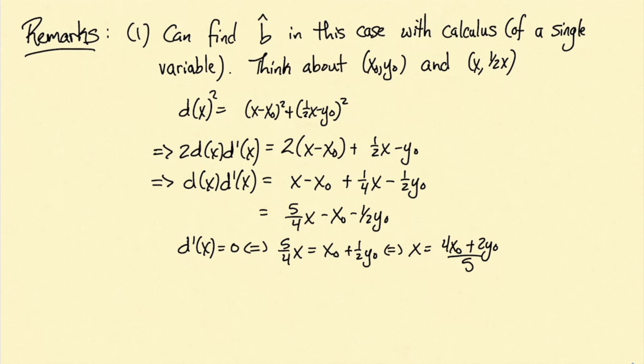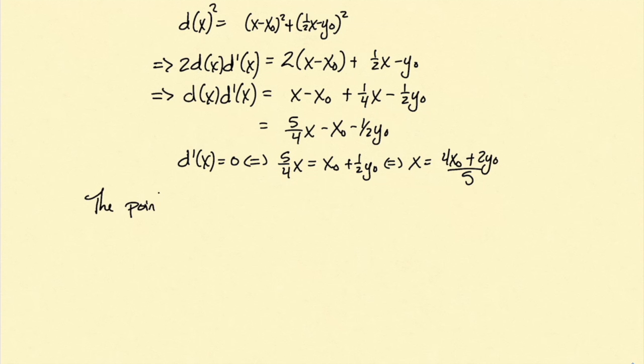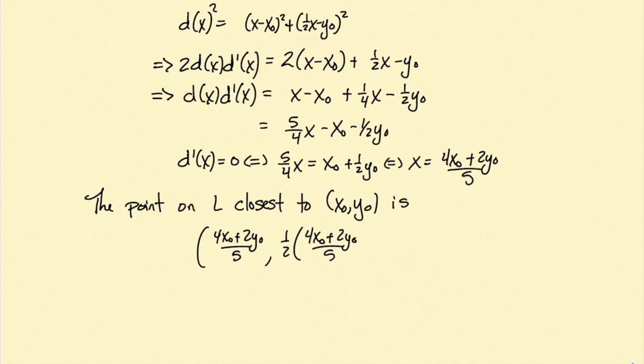So this is in fact a minimum of the distance function. So the y-coordinate of the point which lies on the line is the one that is 1/2 this x value. And of course, if you identify the vector b hat with the one that points from the origin to this point, then you can see that these two solutions absolutely agree.